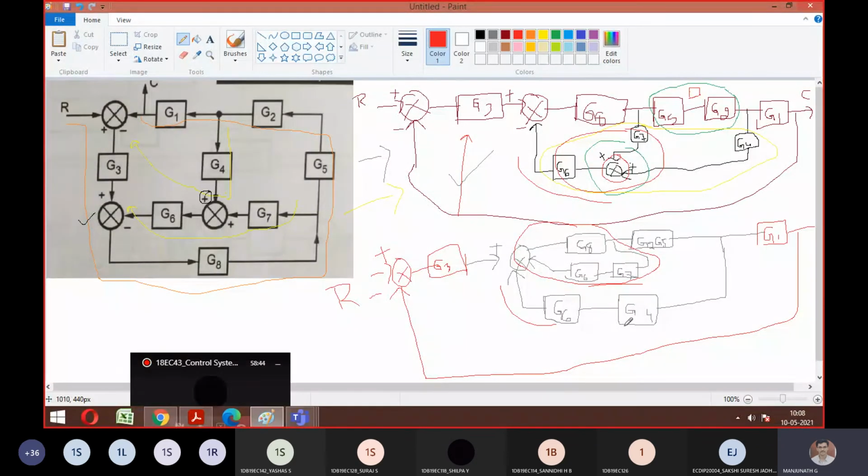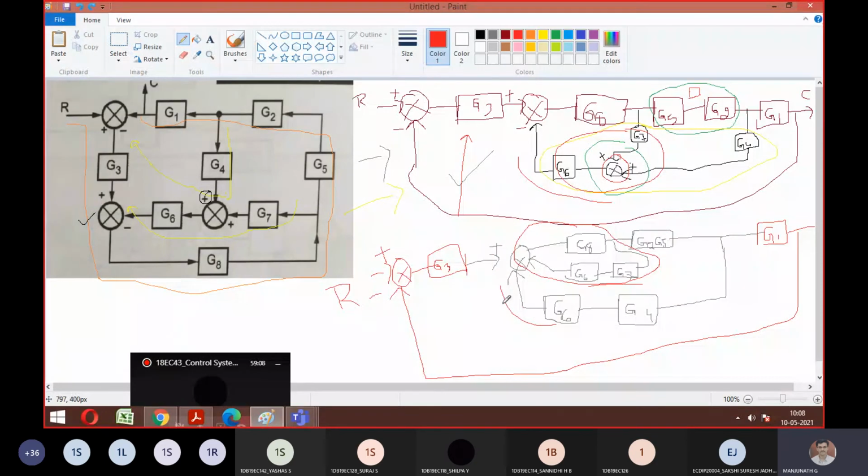Then that answer and this G1 and this G3 all become cascade. Yes or no? If we do it step by step, you will understand. Let's go one by one.